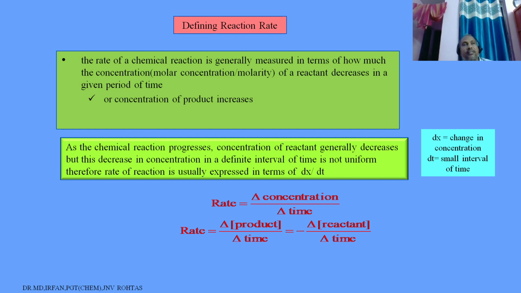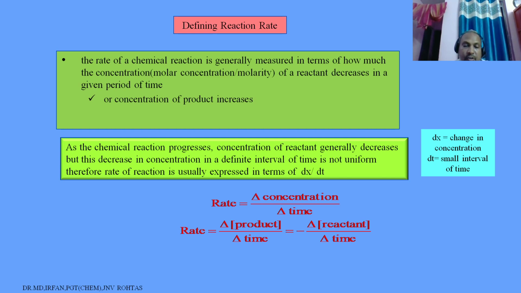But this change in concentration of the reactant or product is not uniform throughout in the same interval of time. Therefore, it is expressed in the mathematical differential form, that is dx upon dt, where dx is the change in concentration and dt is a small interval of time. Thus, rate is equal to plus or minus change in concentration of the reaction species upon time interval.